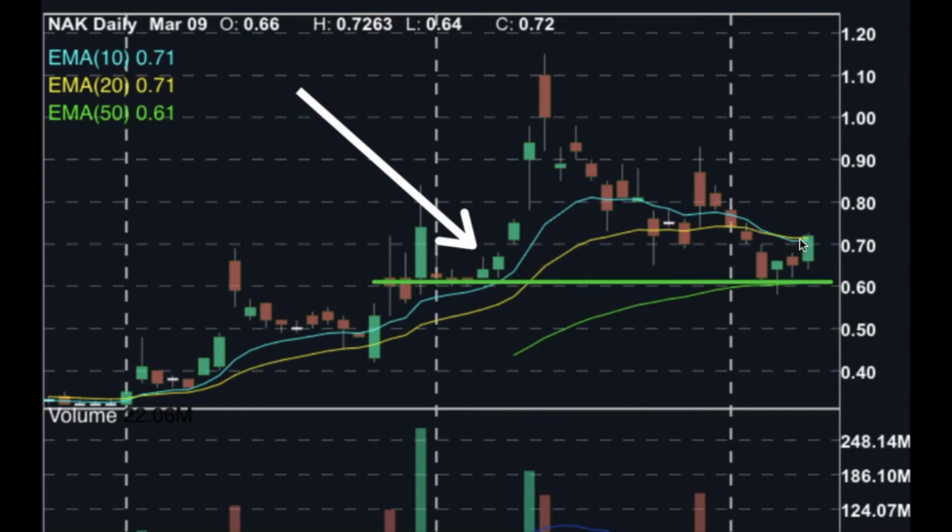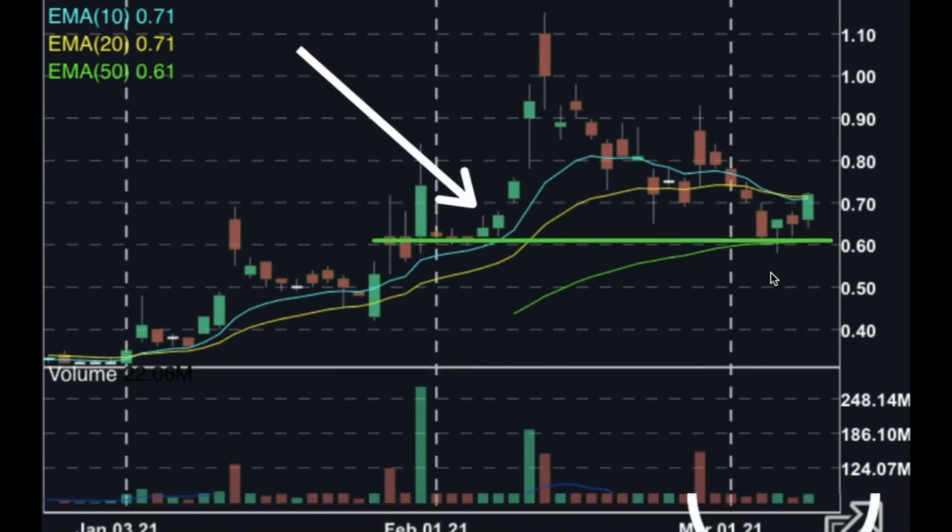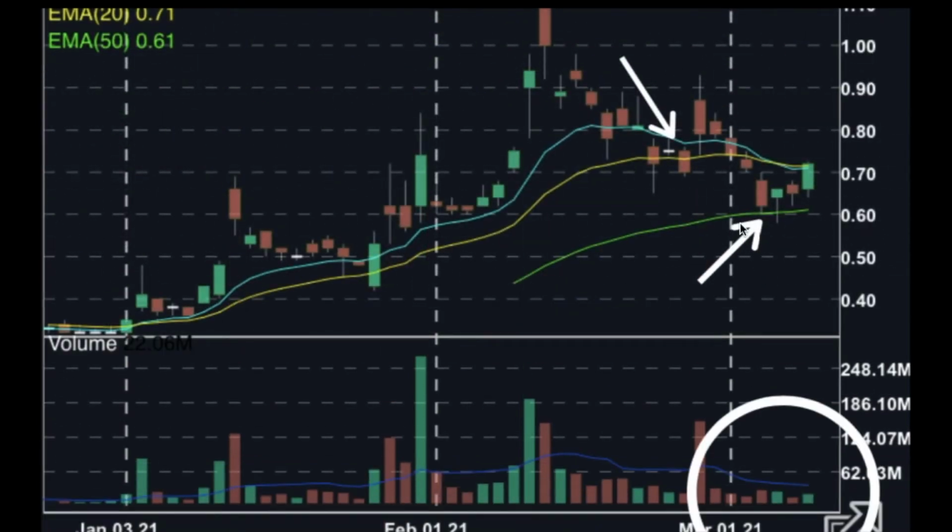Because we broke our walls here, which are 71 cents on both EMAs, the 10-day and 20-day. You can see how they've met here. That would have been the perfect play. However, this candle here is what we're looking for in order to buy in. Like we just talked about, it bounced off and then went up. But you can see this continuing pattern here, right?